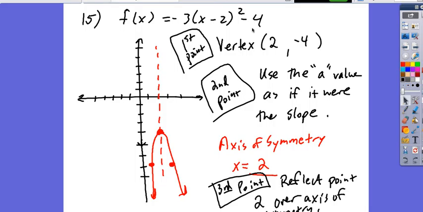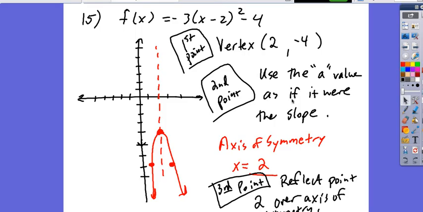So we've got (2, -4) for our vertex. Now, the second point is determined by looking at the a value. Our a value is negative 3. So use the a value as if it were the slope to get the second point.